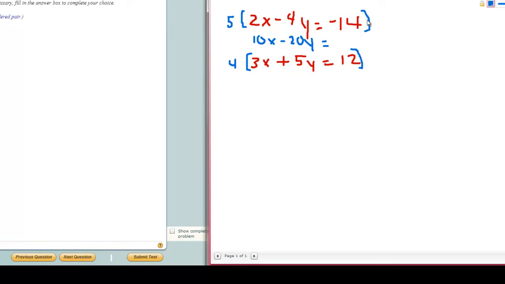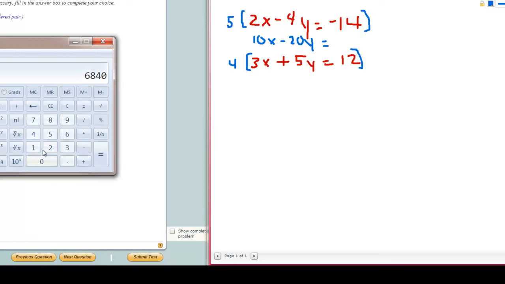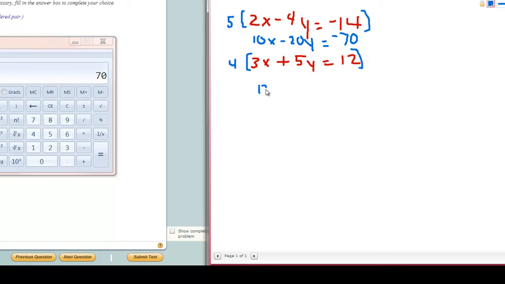You have to do that. So here, 5 times 14, bam, 70. So minus 70. And the bottom will be 12x plus 20y. Now those numbers match, so we're going to be able to eliminate the y's. And 4 times 12 will give you 48.